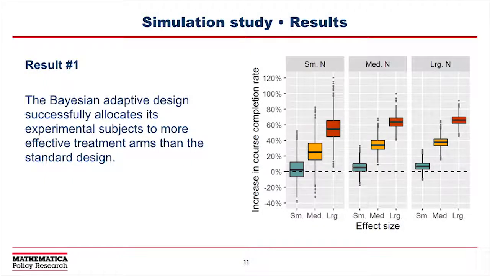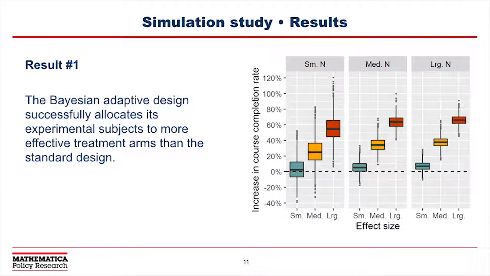Okay, result number 1. This has to do with the actual study participants. What we see is that families participating in a Bayesian adaptive design, the study participants themselves, will have better outcomes than had they participated in a standard design. There's a lot going on in the figure, so let me walk you through it piece by piece. On the x-axis, you see the effect size, small, medium, and large.